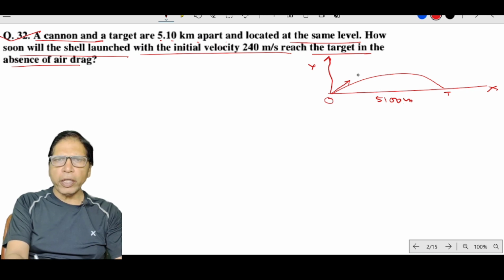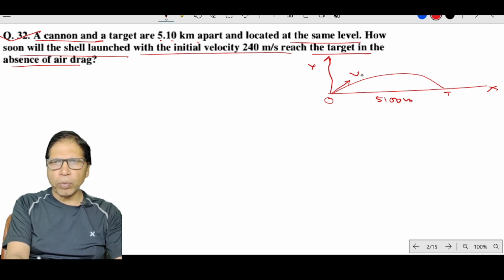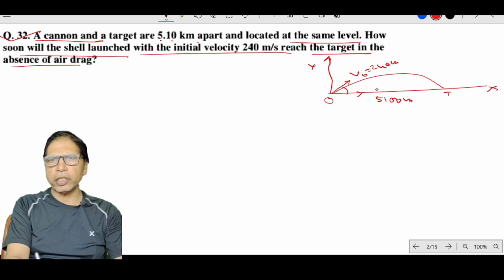If v naught is the velocity of projection, v naught equals 240 meters per second. The component of velocity along the horizontal direction is 240 cos alpha, where alpha is the angle of projection, and along the vertical it is 240 sin alpha.